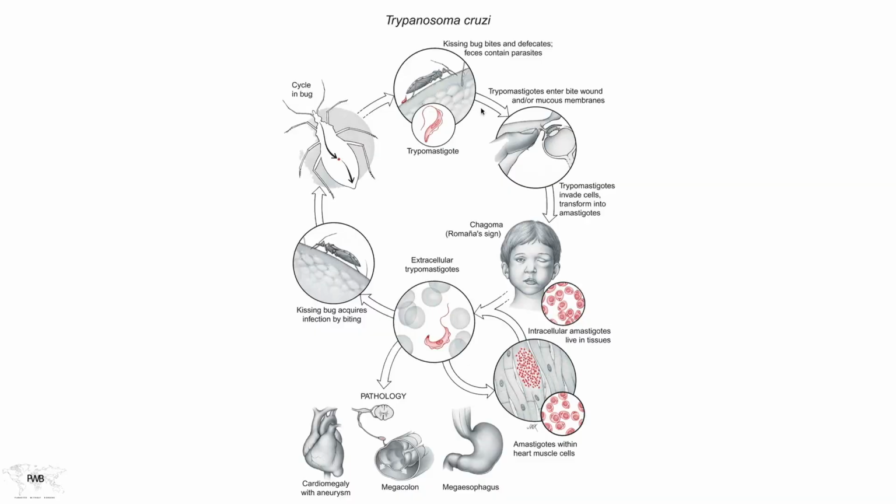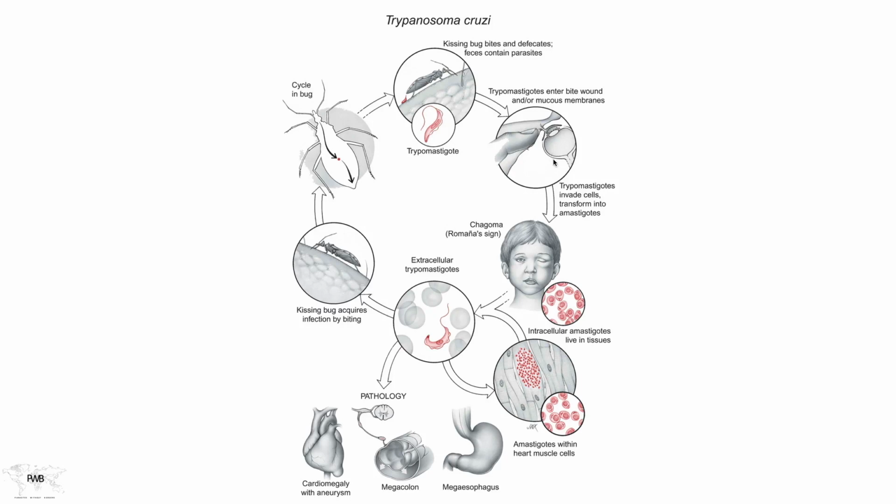And in doing so, inadvertently, of course, the feces of the bug is right next to where that bite wound is, and we rub it into our eye. That's all that's necessary.